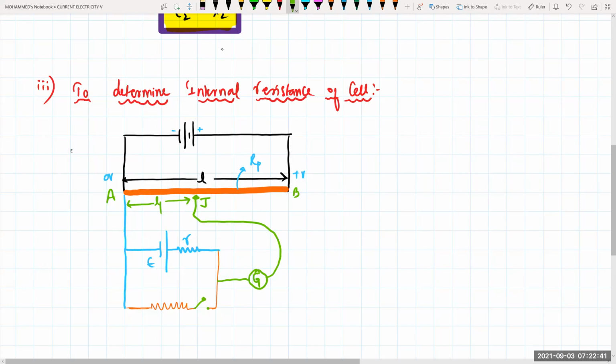Now see, when the resistance key is opened, and this is your external resistance capital R. So when K is opened, say for example, only this battery with internal resistance is coming into play.